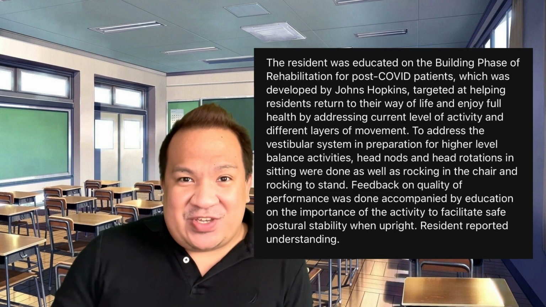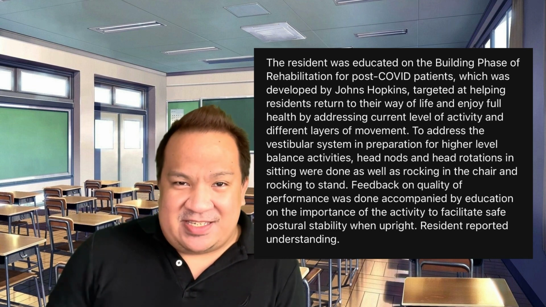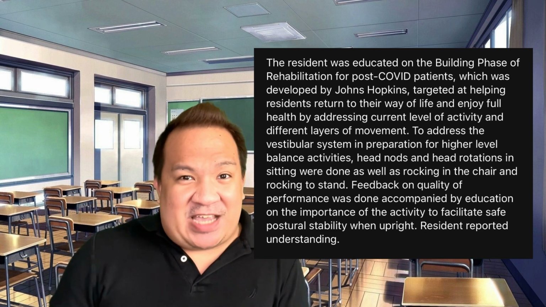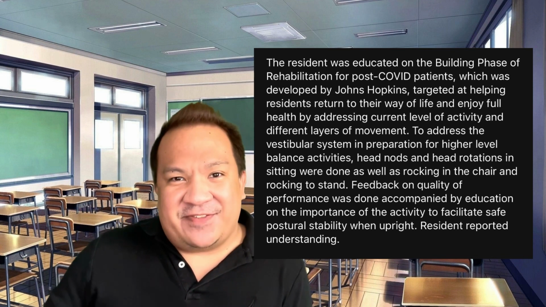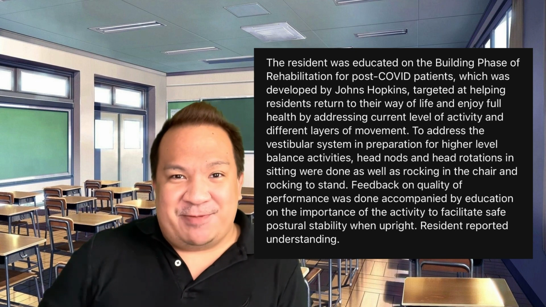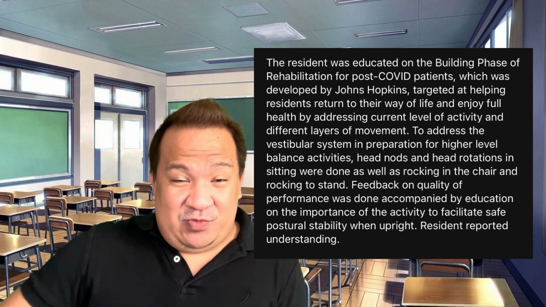So one way that you can document it can be as follows. The resident was educated on the building phase of rehabilitation for post-COVID patients, which was developed by Johns Hopkins, targeted at helping residents return to their way of life and enjoy full health by addressing current level of activity and different layers of movement.